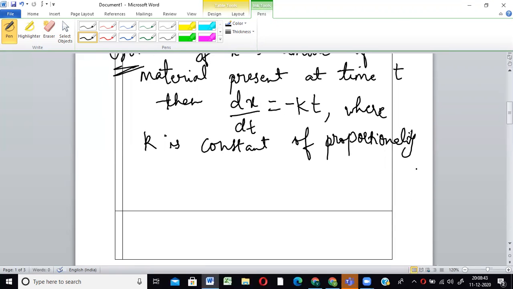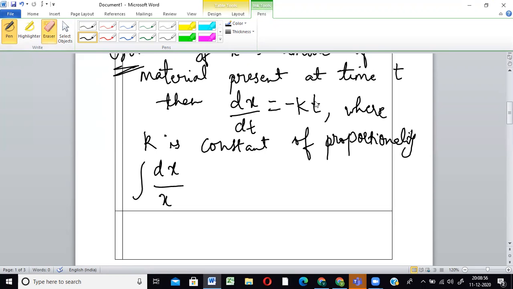Then now the same step, like with integrating on both sides, we get dx by x, sorry, this is kx, because that dx by dt is actually proportional, right? So then it will be minus kx. So the next step we have, this is equal to minus integral k dt.